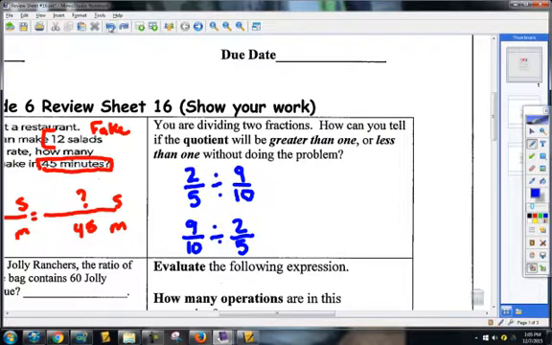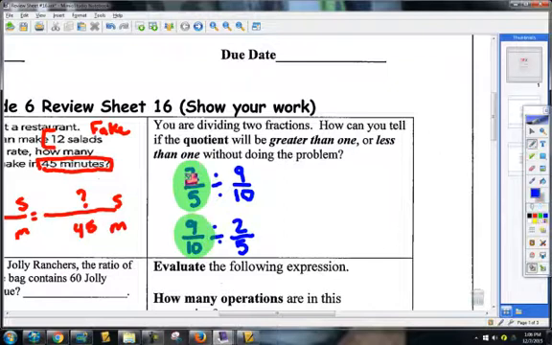That's all I did. Now, in this question, remember, you have to understand what division is and what dividends are. When we're talking about the dividend, that's the number being divided. So those are both dividends.